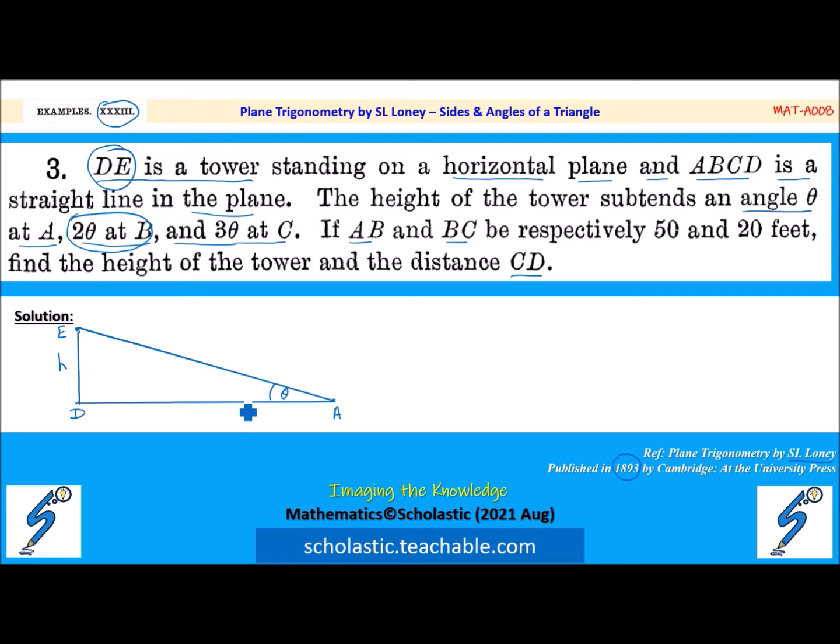That means if you look from point B, the height of the tower subtends the angle 2 theta. Similarly, we walk closer, then at point C we can see the tower, and it subtends angle 3 theta.